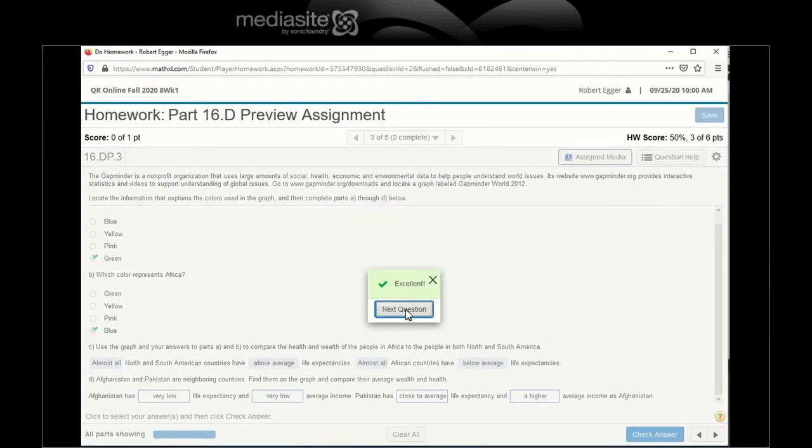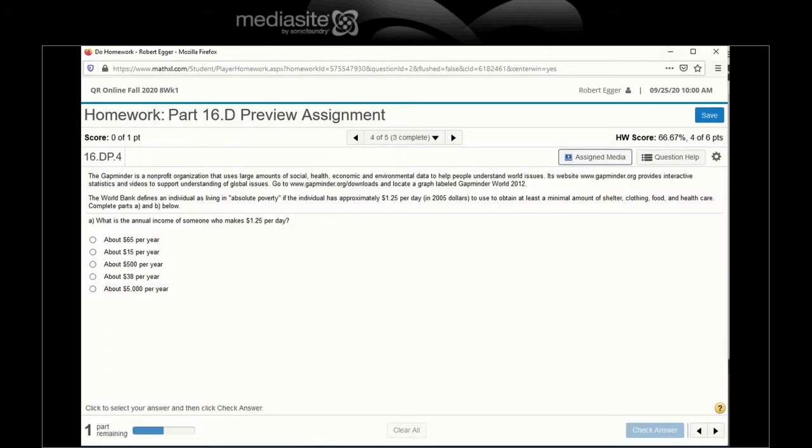Alrighty. Okay, more reminders. The World Bank defines individual absolute poverty at $1.25 per day in 2005 dollars. So what would the annual income be?